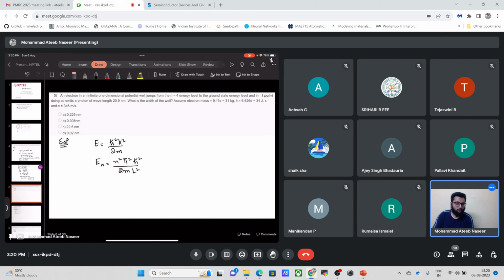So here we have been told that it emits some light when this transition occurs from the fourth energy level to the ground state energy level.